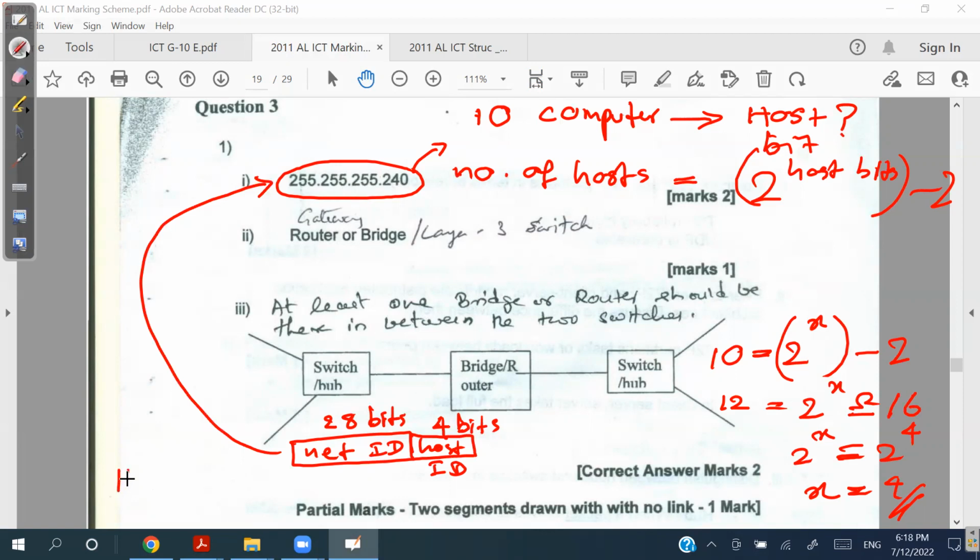Right, so the first 8 bits will give you a 255. Another 8 bits will give you another 255. The next 8 bits will give you another 255, and there are 4 ones and 4 zeros.